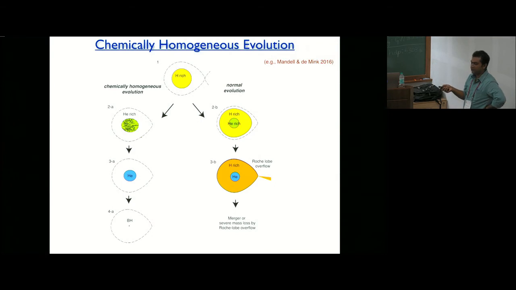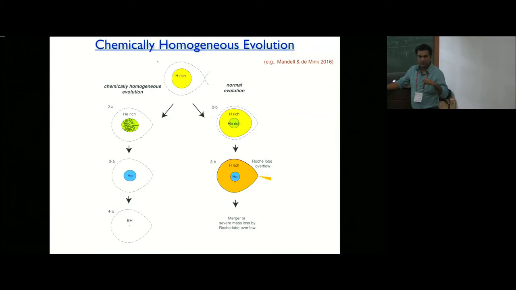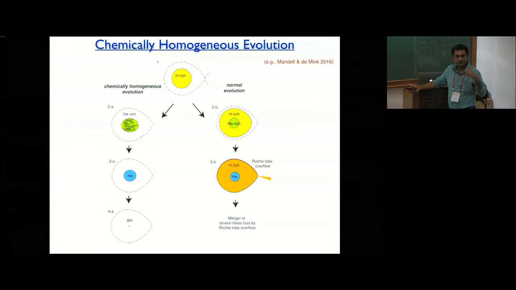And then if the helium core is massive enough, you can also burn helium and keep going to the higher atomic weight burning chains. But the question is, what if you could keep bringing hydrogen into the center? The reason why normally you cannot bring hydrogen into the center is because of the entropy barrier.